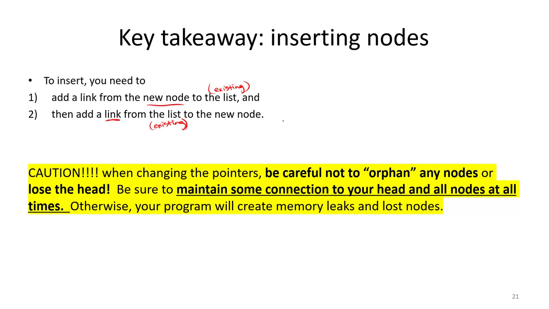And remember, we want to be careful not to orphan any nodes or lose access to any of our nodes. When inserting, make sure you create some connection and maintain that connection to the head pointer and to all your nodes at all times. Otherwise, you might lose nodes and create memory leaks, which could cause some serious problems.